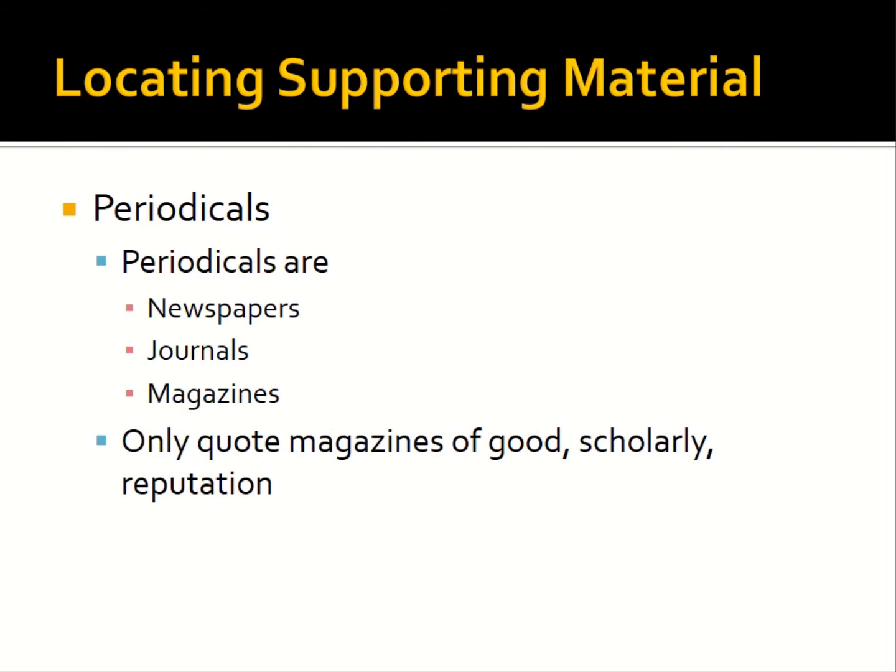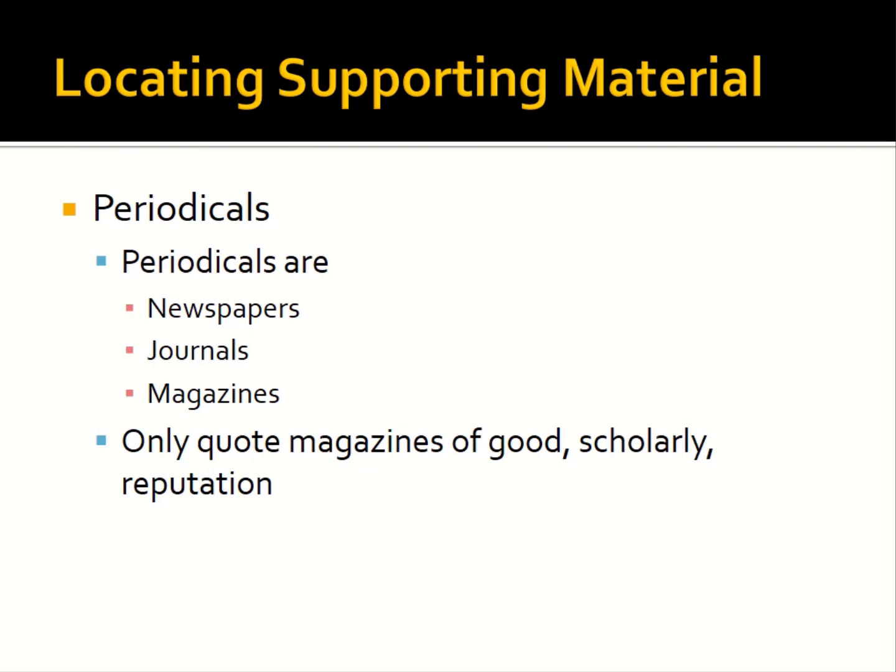You'll find periodicals of various types. A periodical is a publication that comes out every set period of time. Could be daily, weekly, monthly, quarterly, annually, biannually, but every set period of time. So you have things like newspapers, and that is a periodical, and to a certain extent trustworthy, but it's not academic.